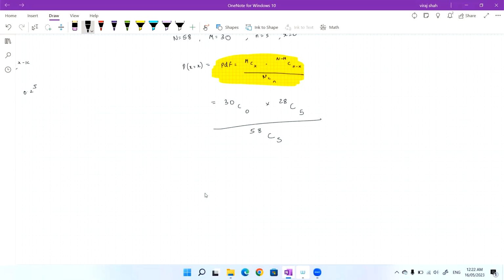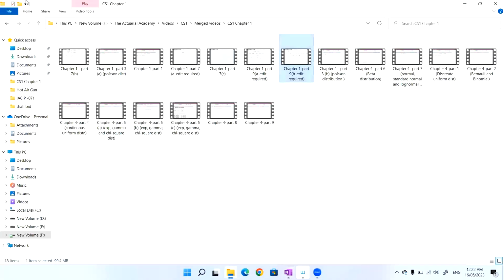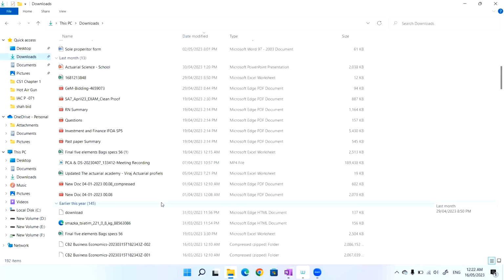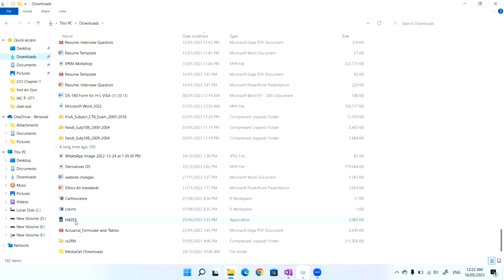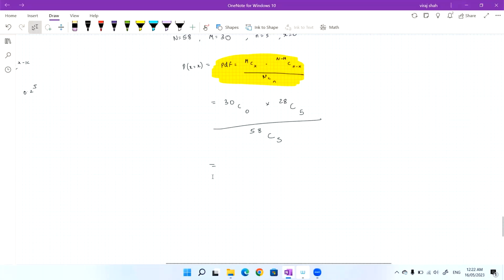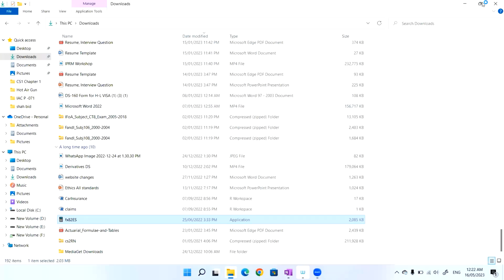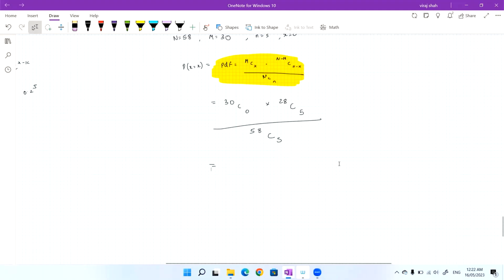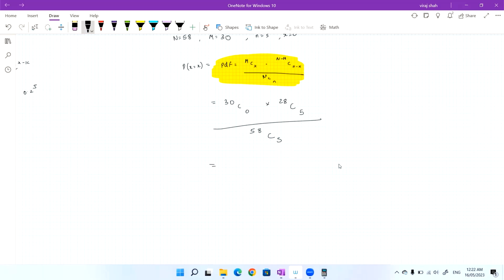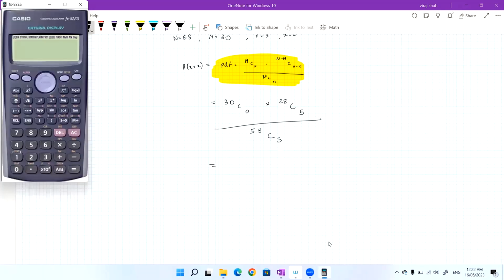So that's it. Just put this in your calculator and you'll get it done. Wait, I will just open the calculator for your reference. So this is your calculator.